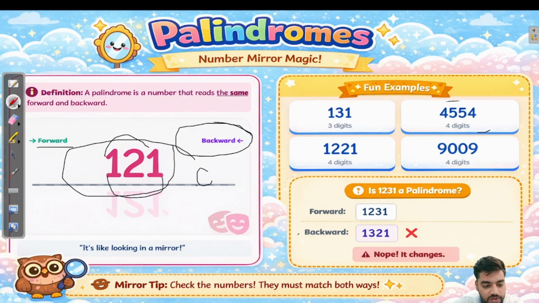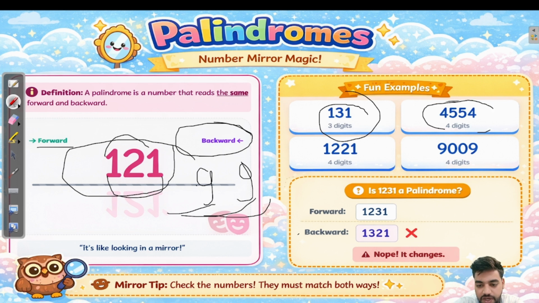Same if I tell you the number 99. Can you read it forward? It is 99. Can you read it backward? It is 99. Same for 131. Same for 4554. So all these numbers which read the same forward and backward, we call a palindrome.